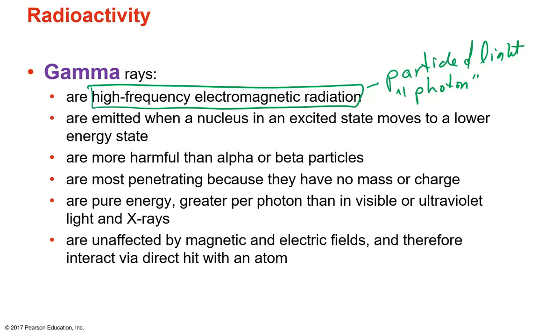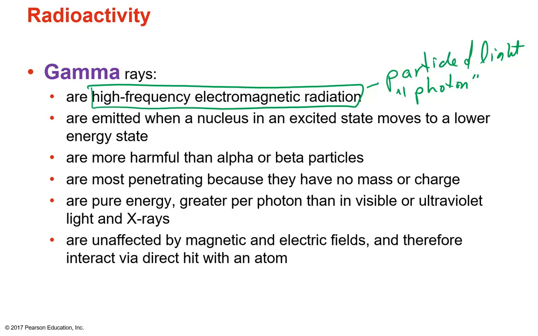Okay, so gamma rays, they're the same thing fundamentally as X-rays, except X-rays aren't radioactive. They're radiation, but they're not radioactive radiation. They're coming from the electrons around an atom, whereas the gamma rays are coming from the nucleus of the atom. So how many protons, neutrons, electrons do these have?